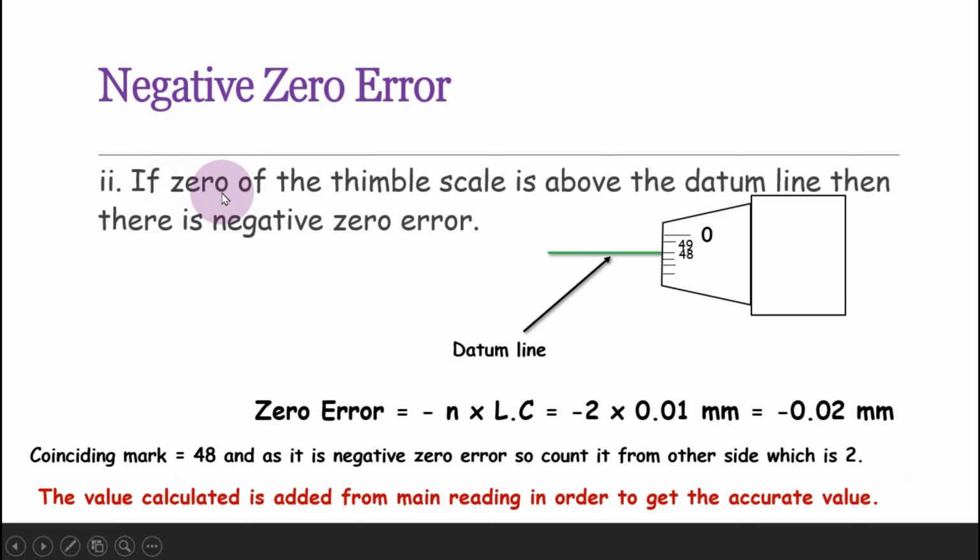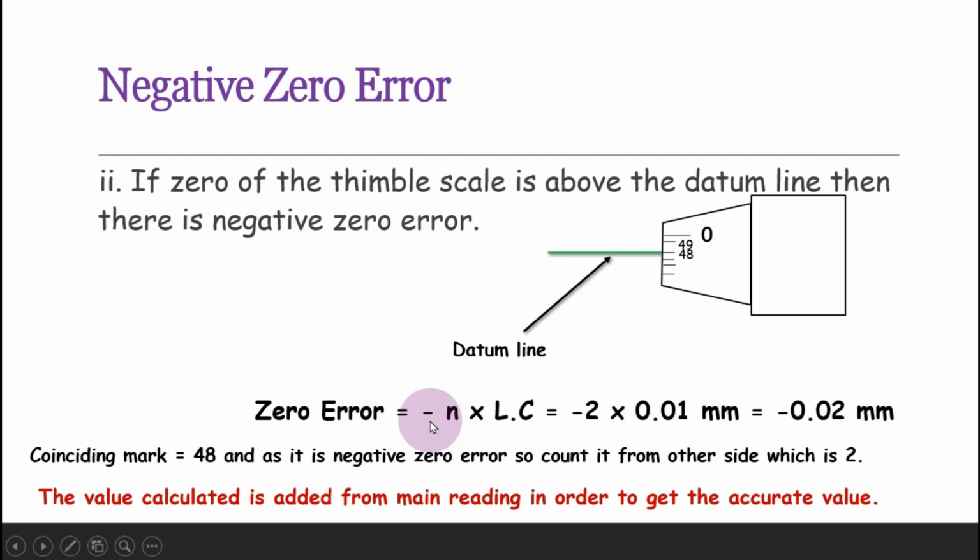Number three, negative zero error: if the 0 of the thimble scale is above the datum line. Now this is the 0 of the thimble scale which is above. In this case, when we close the screw gauge with the help of the ratchet and it starts clicking, we see that the 0 of the thimble scale, instead of staying here, slips up. So in this case the error is negative zero error.